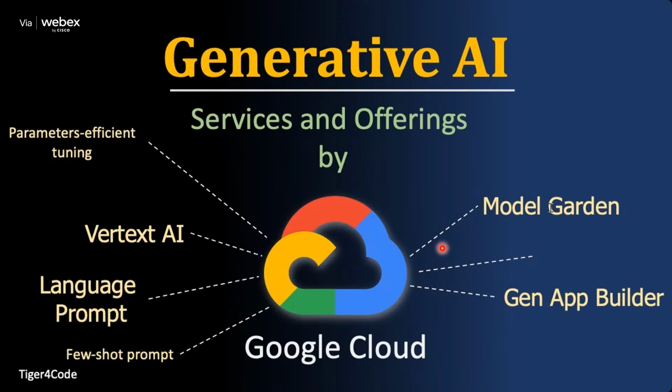Till last year, 2023, it was all POCs. In 2024, we have started actually putting generative AI applications into production. But still, the bulk of the applications which are going live are not really focused at the end customer.